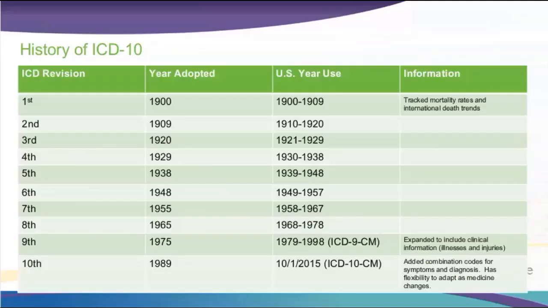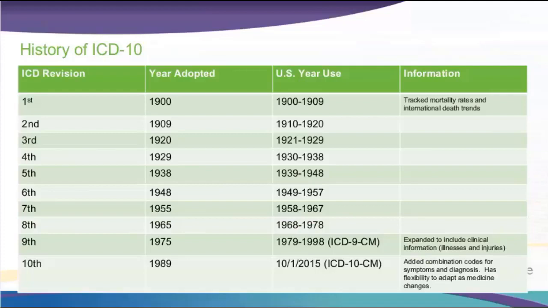So let's just get right down to the history of ICD-10. The first ICD, and back then it was the ICD-1, started in 1900, and the main reason they did it was to track the mortality rates and the international death trends. That was in the 1900s to 1909.